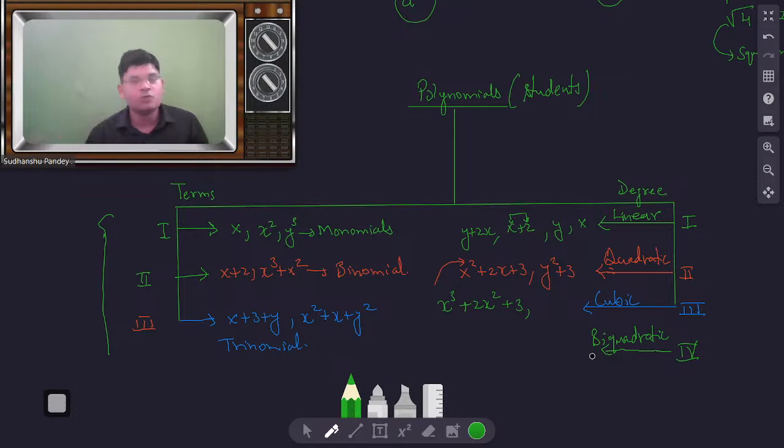If the degree is 2, we name it as quadratic. If the degree is 3, we name it as cubic. And if the degree is 4, we name it as biquadratic. So at least you must understand the terminology of mathematics, words which are going to come in front of you. You should not get confused, oh, what kind of word is this? I am not getting it, because the images are not being made.